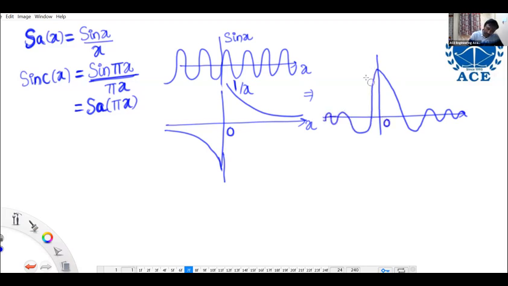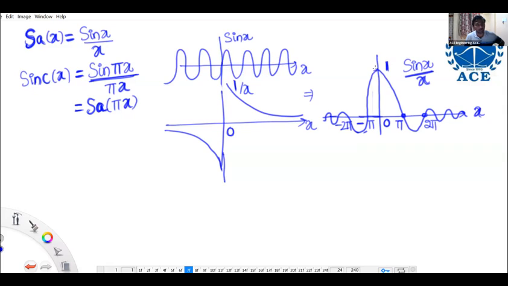Maintaining maximum amplitude at origin, because as x tends to 0, sin x by x is 1. According to L'Hospital rule, for the indeterminate condition, the limit as x tends to 0 of sin x by x is 1.